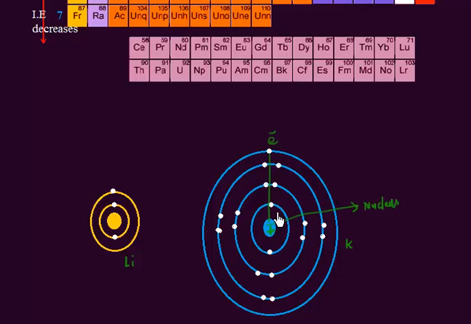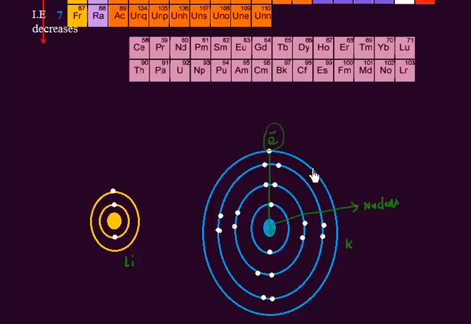And when the distance between outermost cell and the nucleus increases, the nuclear force decreases. As a result, this outermost electron can be removed very easily. I mean to say that this outermost electron can be removed by using small amount of energy. As a result, ionization energy of an atom decreases too.